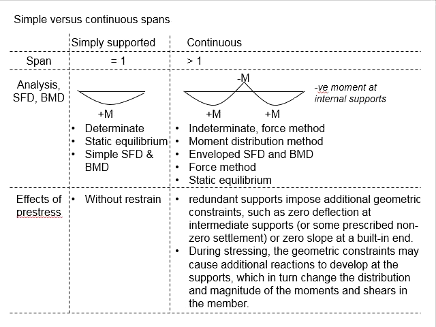In previous videos, we have mentioned the effect of the prestressing force on the continuous member caused by the redundant supports. This redundant support normally imposes some resistance to the natural deformations of the member induced by the prestressing force, and this will alter the distributions and magnitudes of the moment and shear in the member.